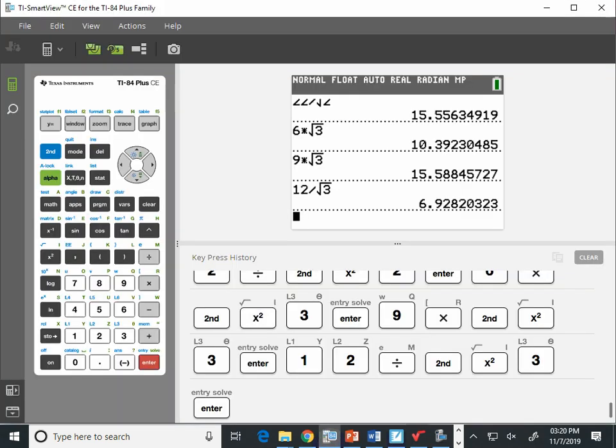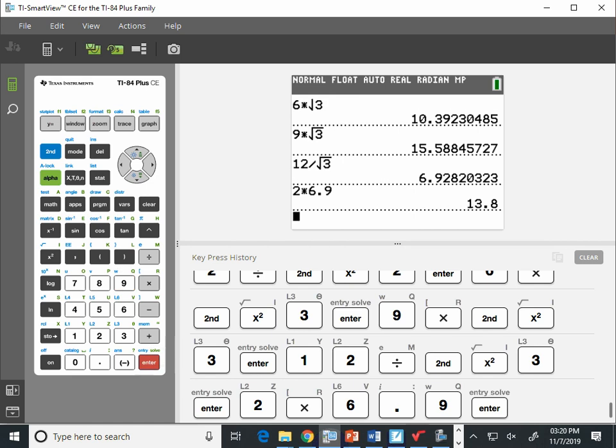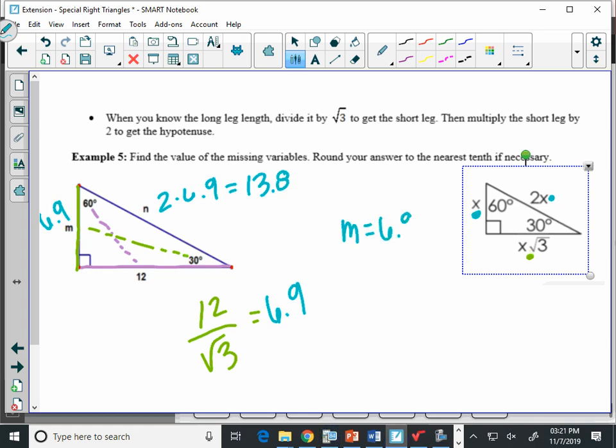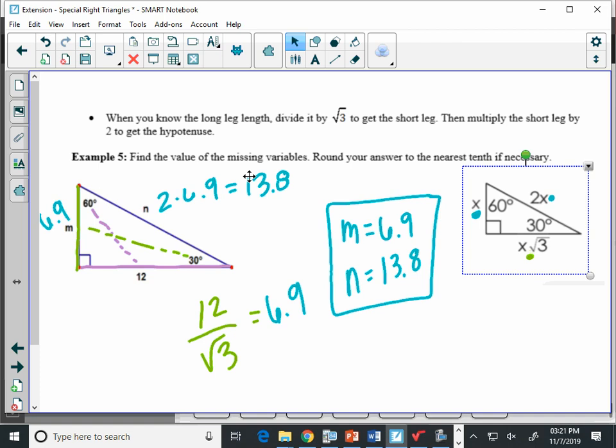And when we do that, 2 times 6.9 is 13.8. So M, my short side, is roughly 6.9, and N is about 13.8. Here we go.